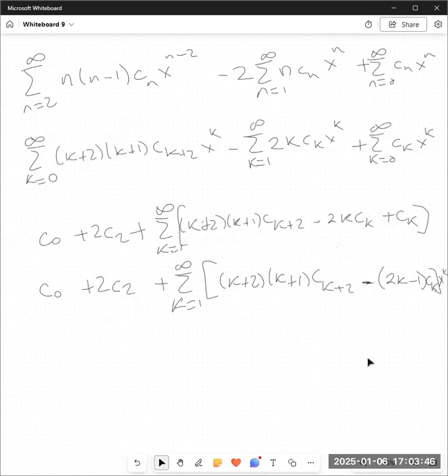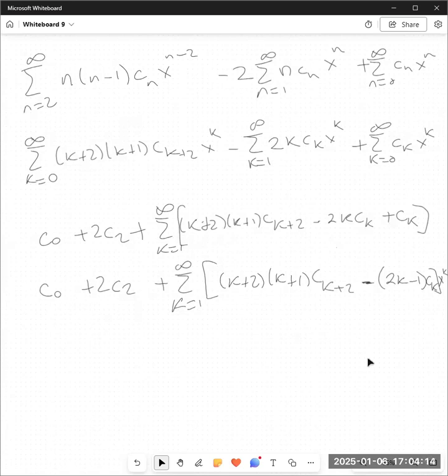So we let y equal a power series that we'll look at, and we talk about how to take derivatives of those things, and then go ahead and make the substitutions.